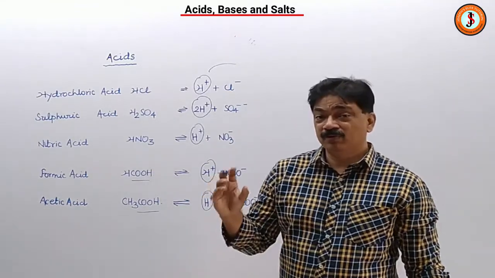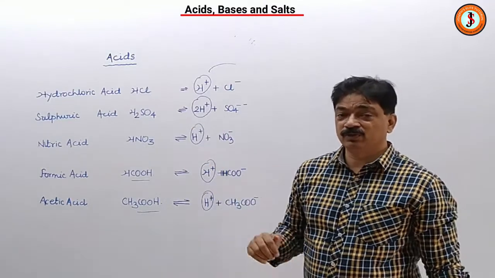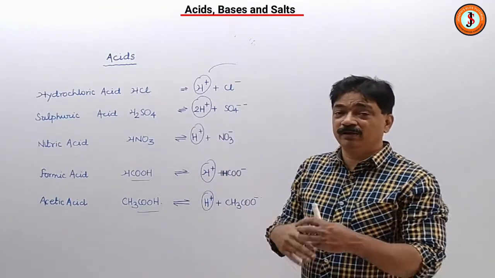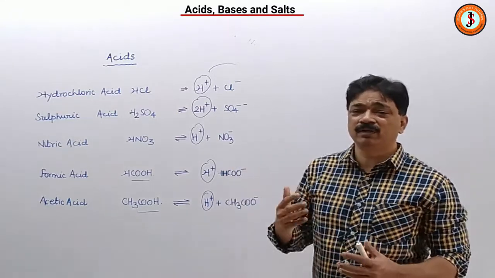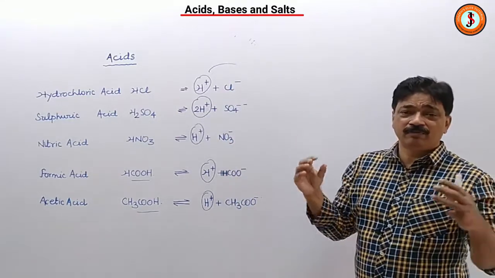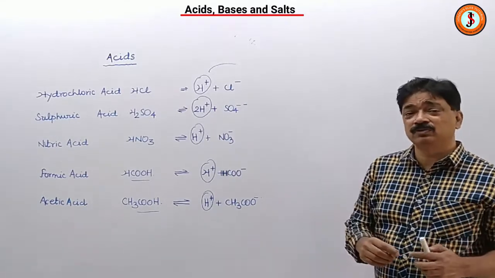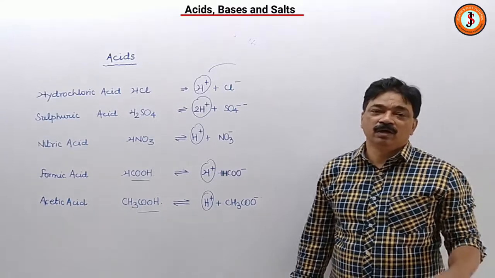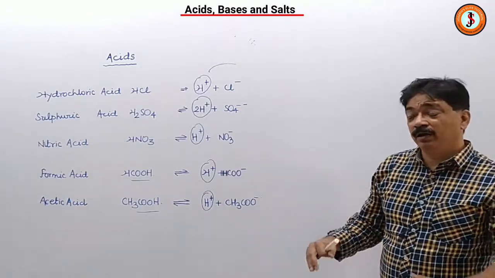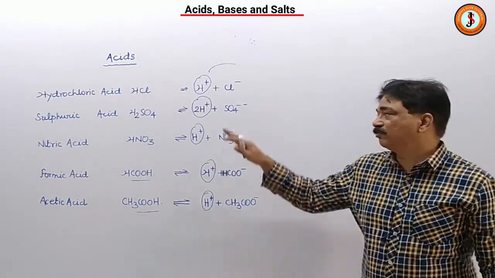Some part, say out of 150 molecules, will dissociate and 50 will remain like that, and there will be a dynamic equilibrium. That means every second 50 are dissociating and another 50 are combining.